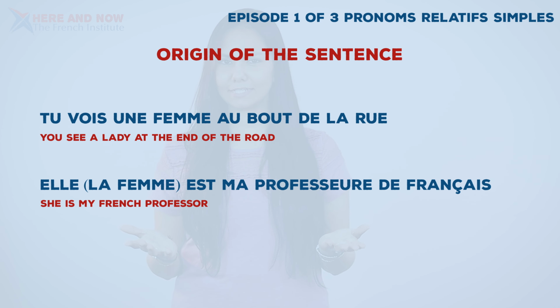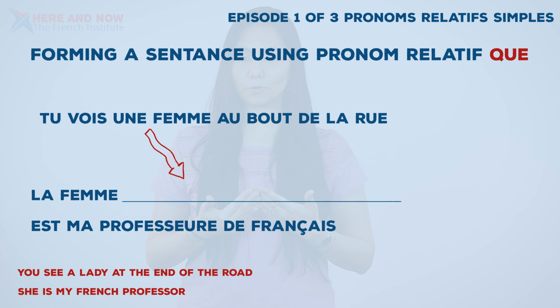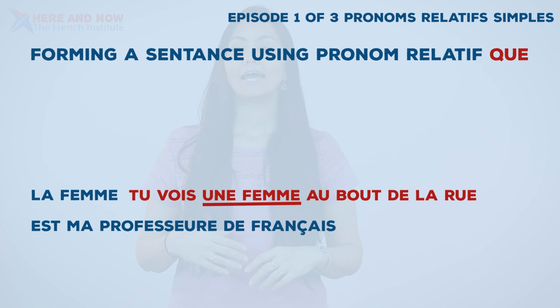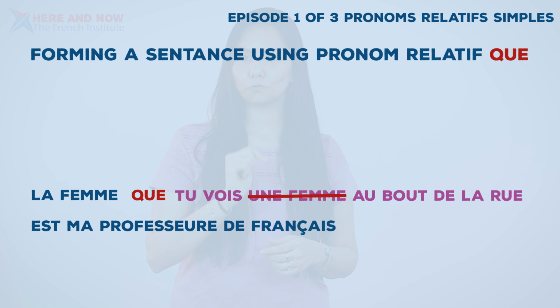You see a lady at the end of the road? Elle est ma professeure de français. She is my French professor. Let's join these 2 sentences together using a pronom relatif que. La femme que tu vois au bout de la rue est ma professeure de français.